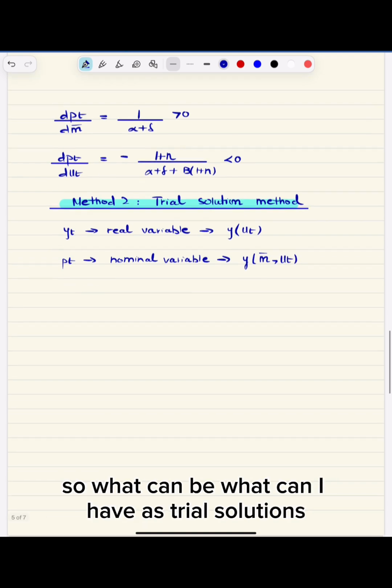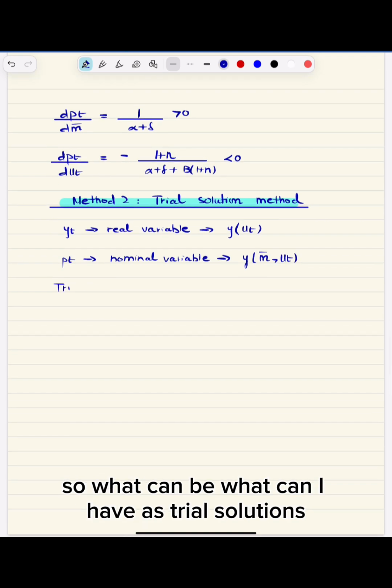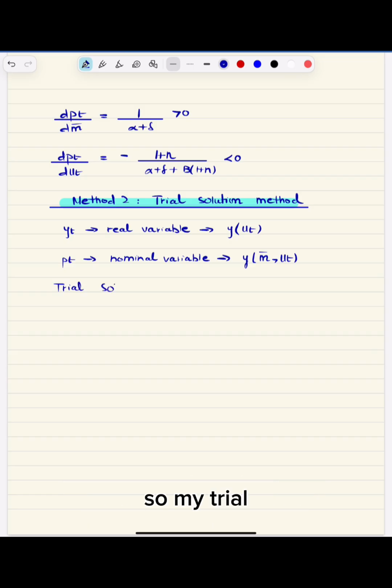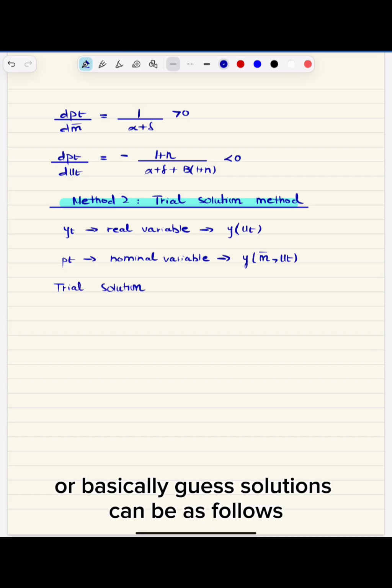Okay, so what can I have as trial solutions? So my trial or basically guess solutions can be as follows.